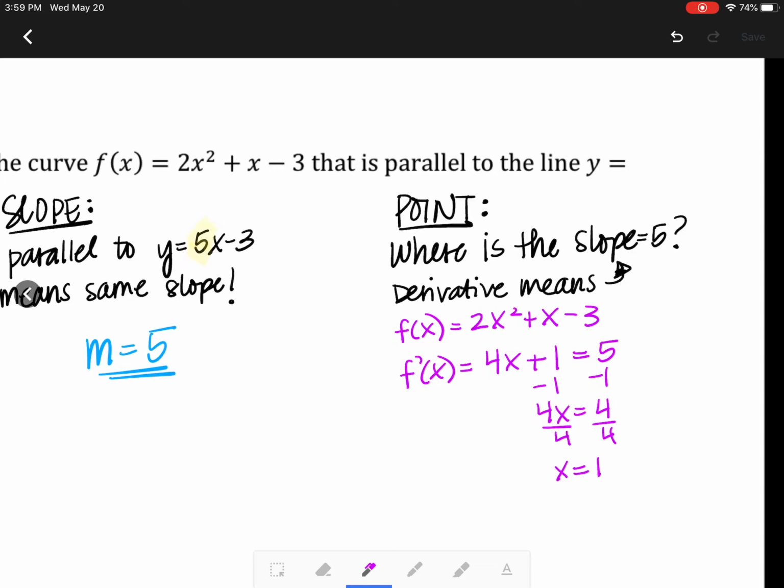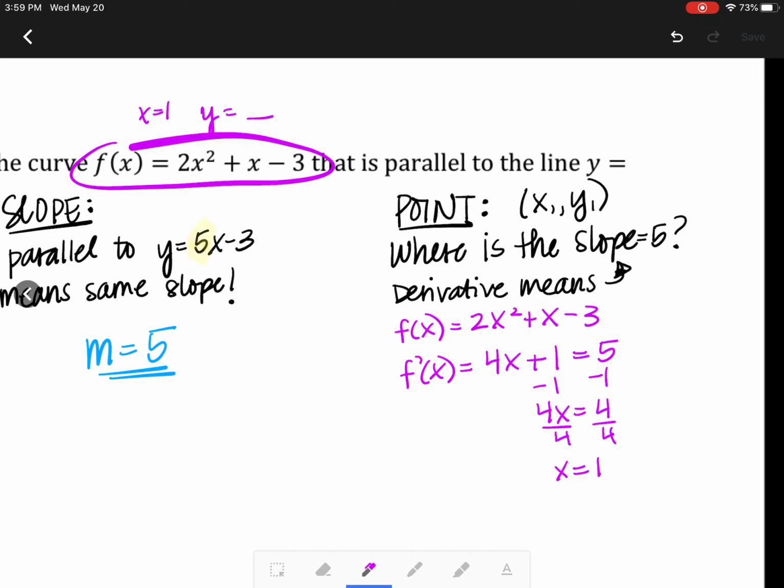But remember, our point needs to be in the form of x1 comma y1. So I need to find that y value. Meaning I know now this function has a slope at x equals 1 of 5. Can I find the y value attached to it? Well, I can.